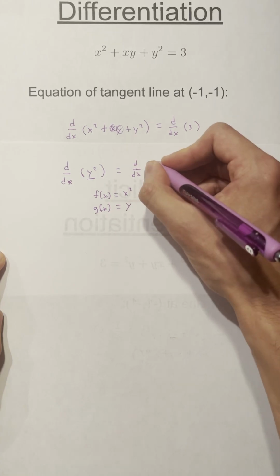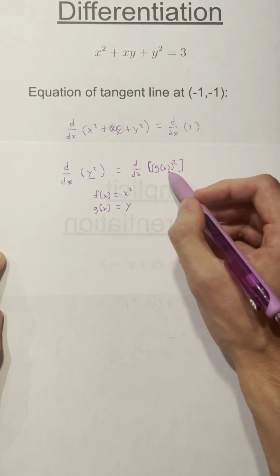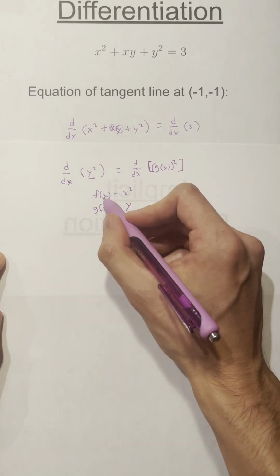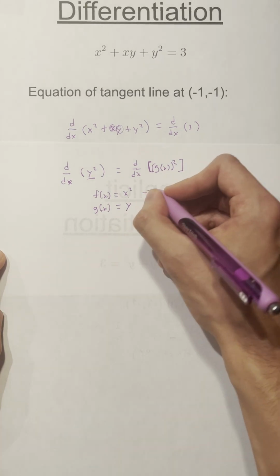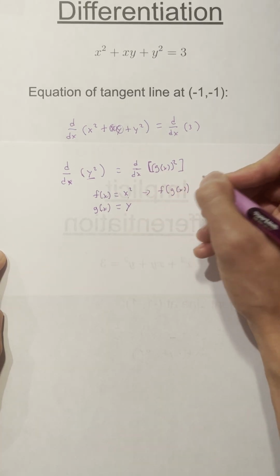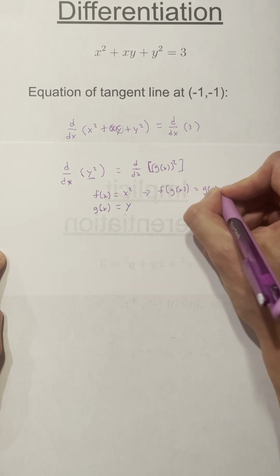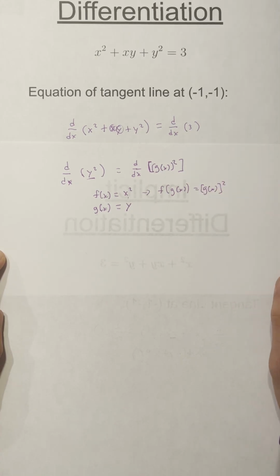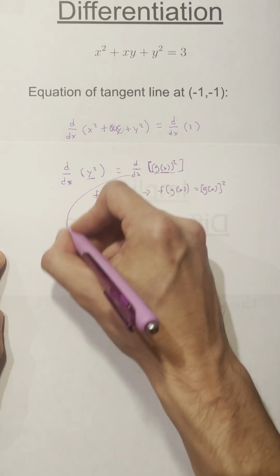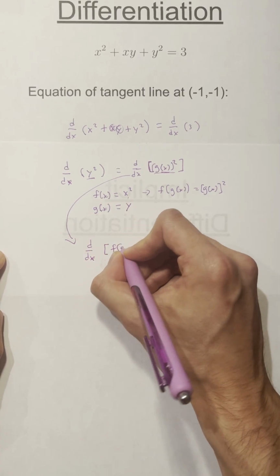Okay, and so g of x squared, what happens if I turn all the x's here into g of x's? Then I'm going to get f of g of x is equal to g of x squared. Okay, so this turns into d dx of f of g of x.